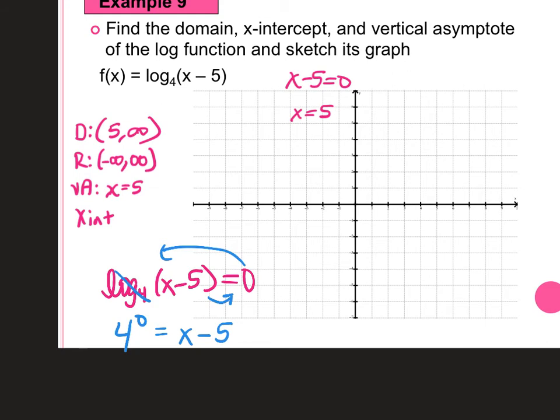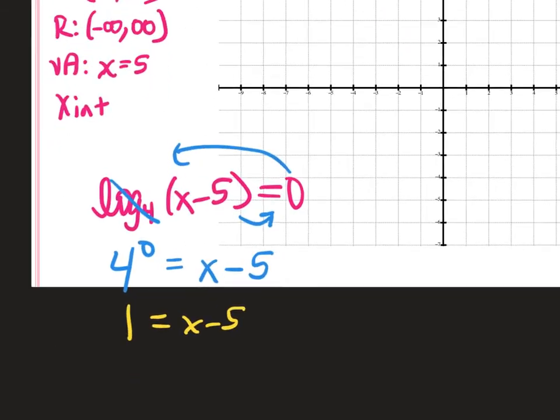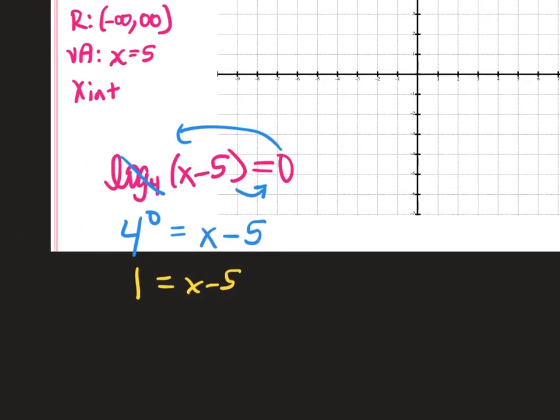What is 4 to the 0 power? 1 equals x minus 5. So what do I do now to get x all by itself? I'm going to add 5 to both sides. So my x-intercept is at 6, 0.